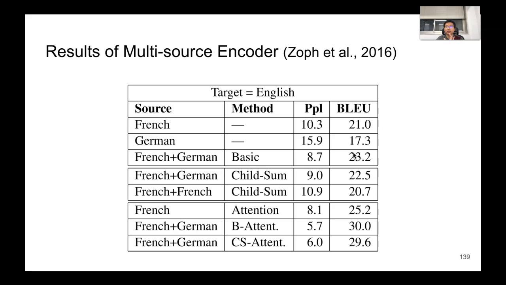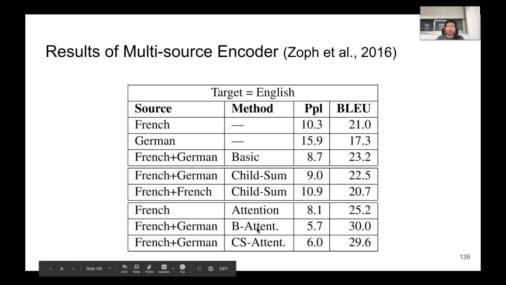We can see that it improves a lot. In their paper, they also compared different ways to combine the multi-source. One method, they call child sum, also works well. They also tried multi-source attention, so not just the final hidden state of the encoder, but also combining the attention in different ways. We can see that the improvements are much larger.